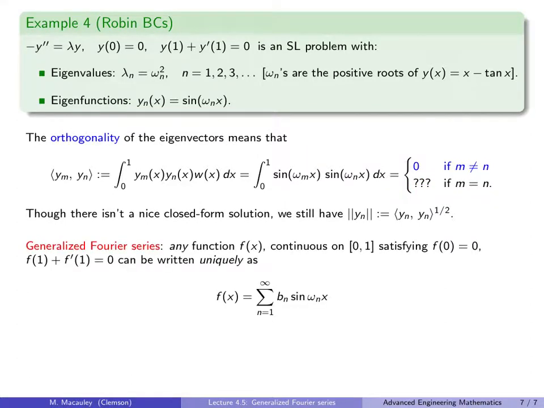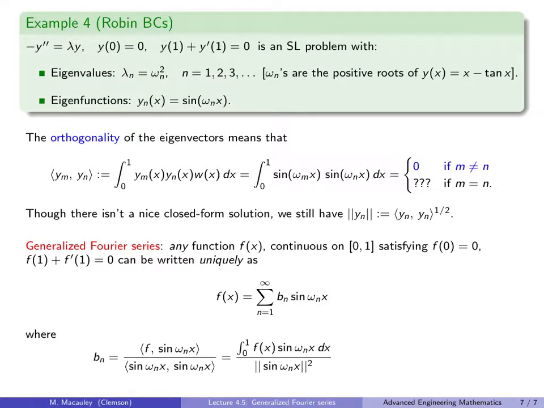So now this is really a generalized Fourier series. Any function f of x continuous on 0, 1, satisfying these Robin boundary conditions, so f of 0 is 0 and f of 1 plus f prime of 1 is 0, can be written uniquely as an infinite sum of these eigenfunctions. So the sum of bn sine of omega n x. And bn is the inner product of f with sine of omega n x divided by the norm squared of sine of omega n x with itself.